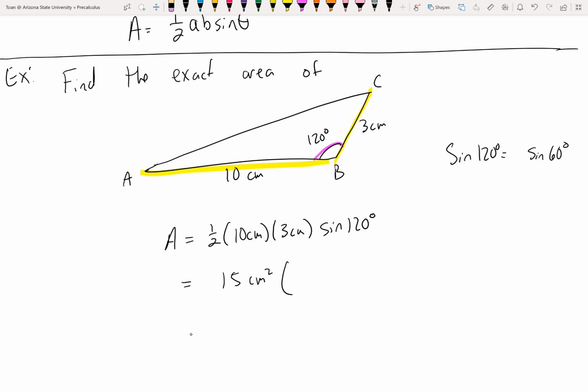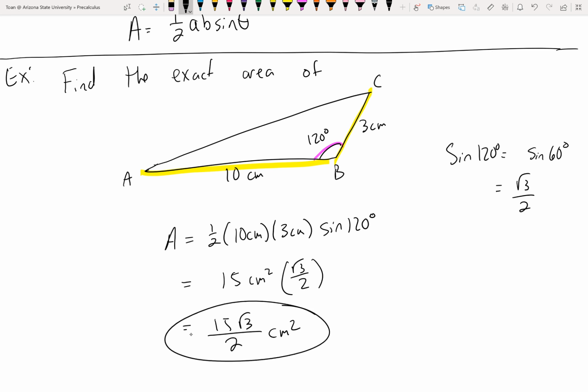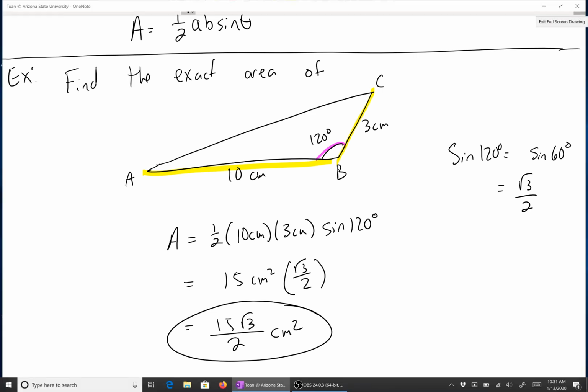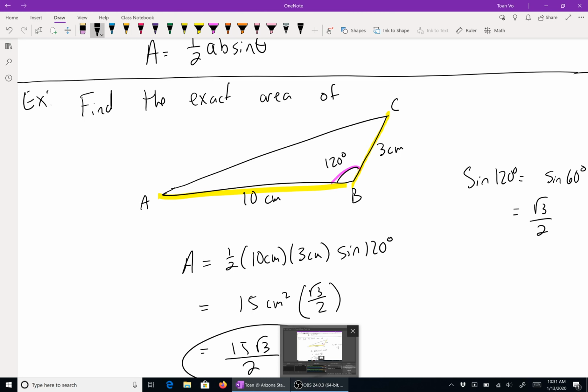And knowing my 30, 60, 90 triangle, sine of 60 degrees is radical 3 over 2. So there is our answer, 15 radical 3 all over 2 centimeters squared. That is the area of that triangle. So this is just the tip of the iceberg of how we can use trig in non-right triangle situations. And that is 6.3.